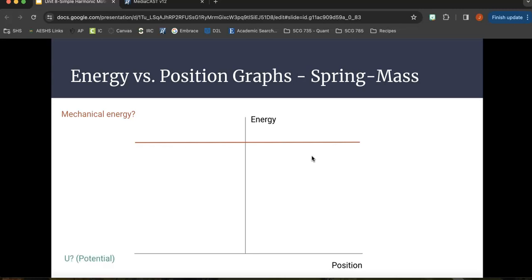The spring potential energy is what we're concerned with in this situation. And when you pull the mass from equilibrium and stretch it, you let go. The mass is not moving, so all of that energy is stored as spring potential.